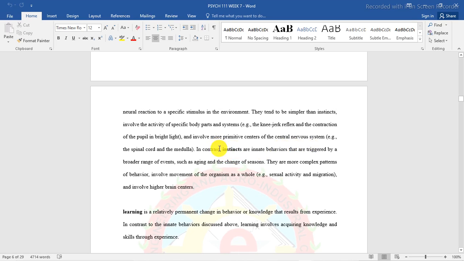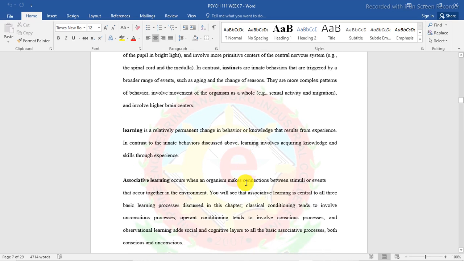But in contrast, instincts are innate also. They are innate behaviors that are triggered by a broader range of events, such as aging and change of seasons. They are more complex behaviors that involve movement of the organism as a whole. Example, sexual activity, migration. So, meron tayo ibang sexual instinct. Anong instinct? And they involve higher brain centers.